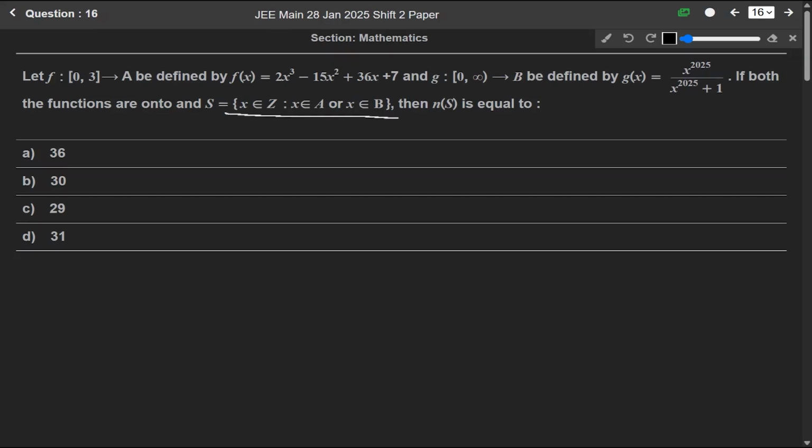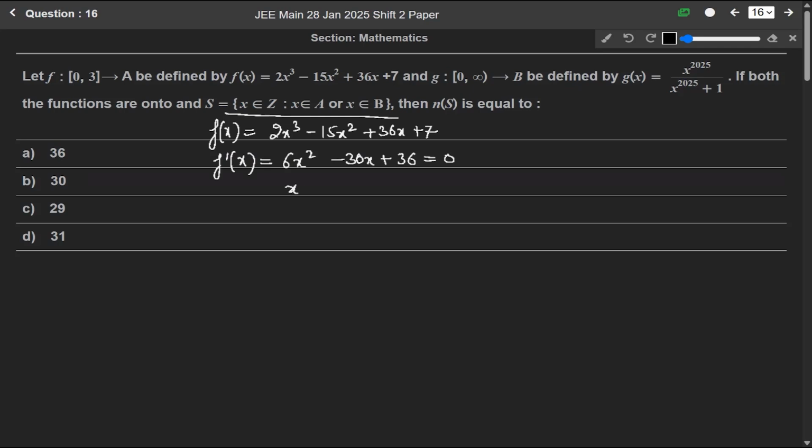Okay, so we are given a function f(x) as 2x cube minus 15x square plus 36x plus 7. So first of all we'll differentiate it. So we get 6x square minus 30x plus 36 equals 0.